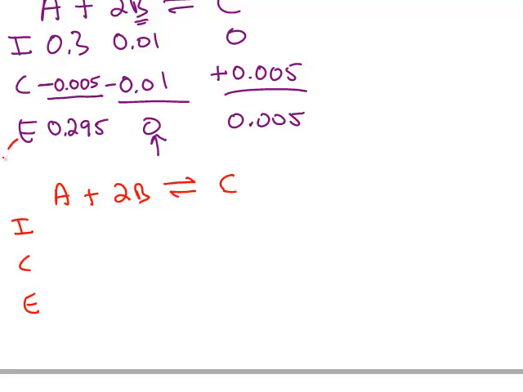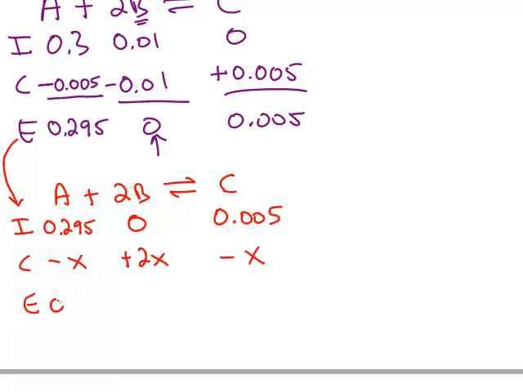So we're going to take the end of the first ice chart, and then we're going to show what happens to the concentration of the chemicals. Chemical C has to react away a little bit. Chemical B is going to increase a little bit, and chemical A is going to increase a little bit.